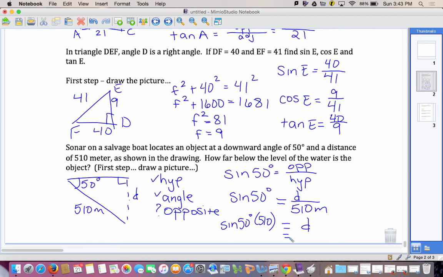If you do that, you will have sine of 50 degrees is about 0.766 times 510 is 390. So your answer should be about 391 meters, because we're asked to round to the nearest meter.